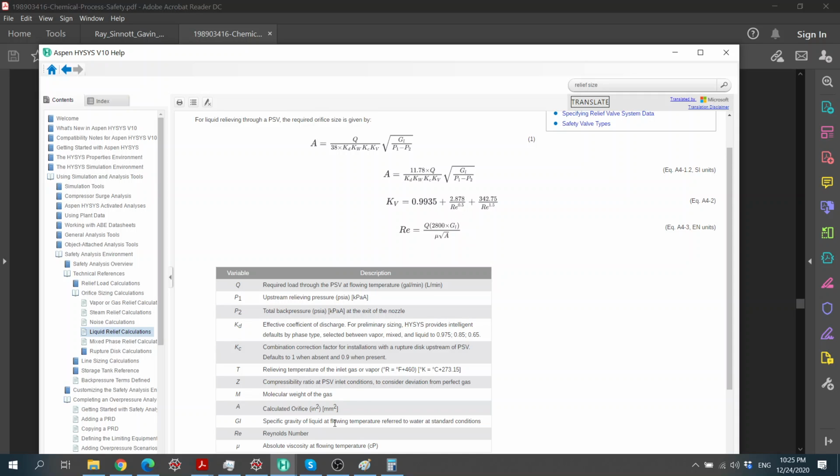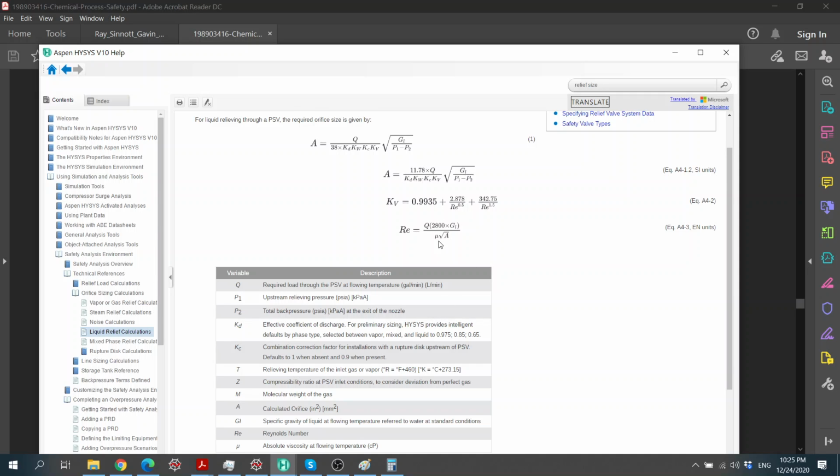Hopefully this KV, because it calculates the Reynolds number. This Reynolds number depends on the size, because it's rho VD over mu, so that D is then the diameter, and we don't know which diameter it takes into account here.